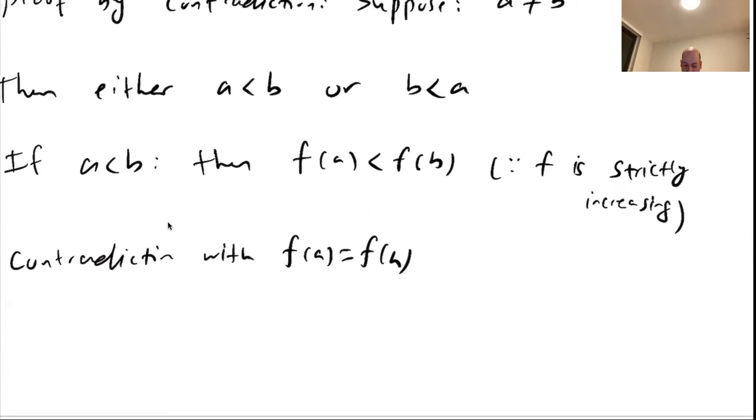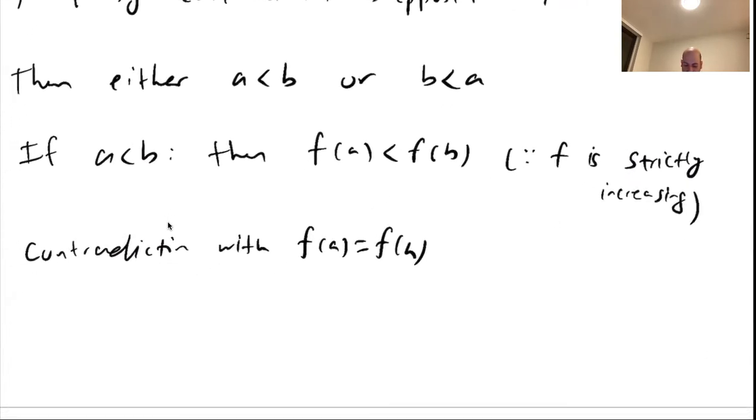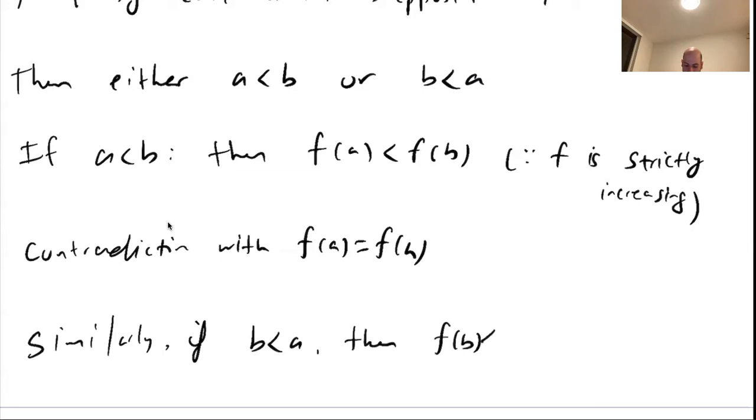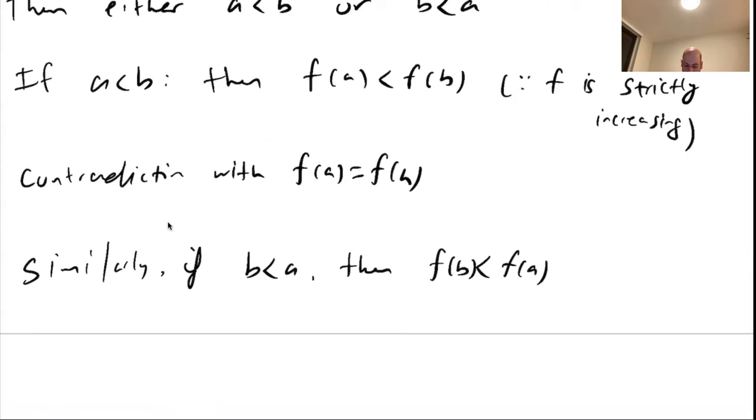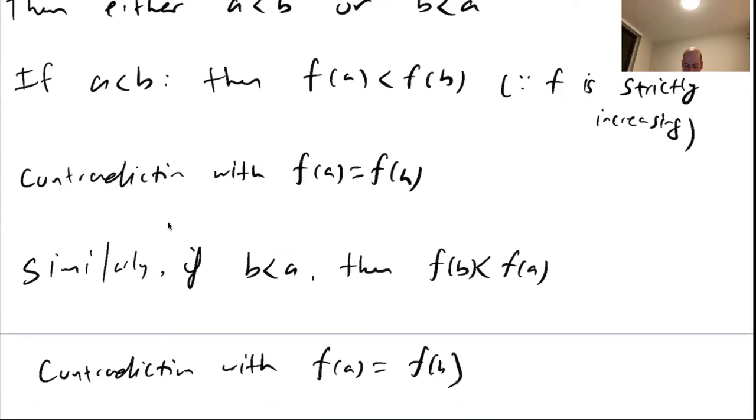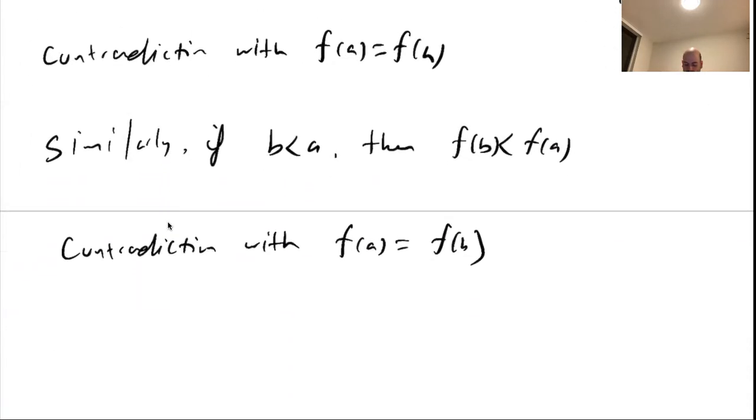That's a contradiction. Similarly, if b is less than a, then f of b will be less than f of a. And again, contradiction with f of a equals f of b. So thus we can conclude that a is equal to b, and that means f is 1 to 1.